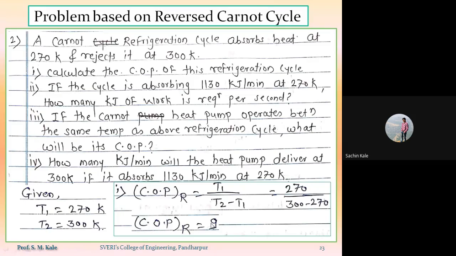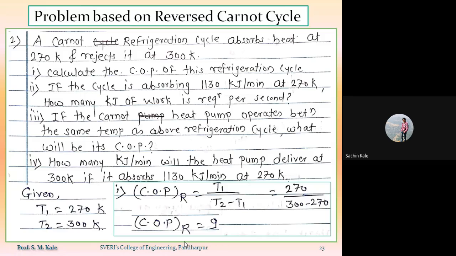Now in the second case, we have to find out the work supplied to the system, and for that purpose they have provided the amount of heat absorbed from the system. So we know another formula for COP of refrigerating cycle, that is QA divided by QR minus QA.